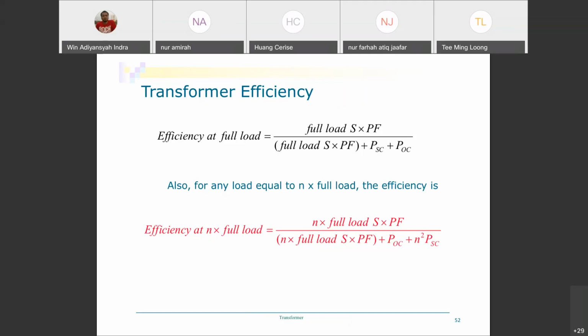Okay. Another formula, if they only give you, for example, S and power factor. So there are some formulas for efficiency depending on the parameters given in the question.